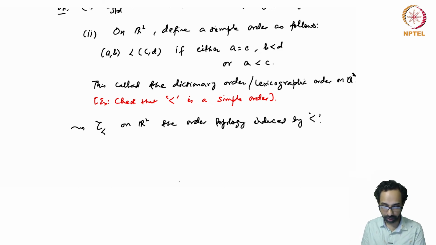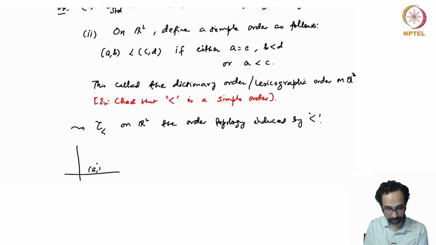And so what are the open sets in this topology? Well, if you have two points here, (a, b), and another point on the same vertical line, so it has the same x coordinate a and a bigger y coordinate, let's call it d.